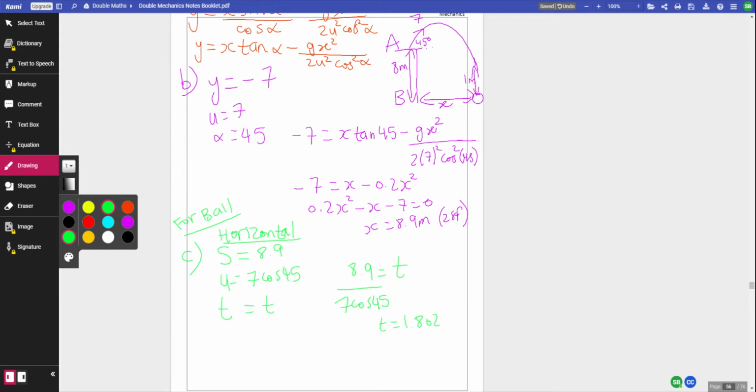So then the boy, we know, leaves 0.4 seconds after that, which means that the time for the boy is 1.802 minus 0.4 seconds, which is 1.402 seconds.